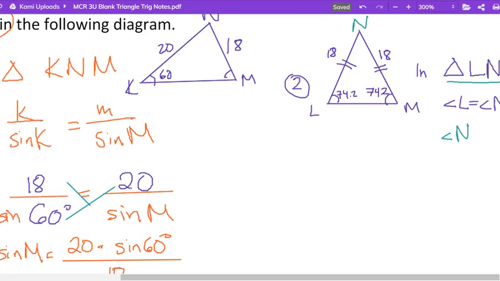So if you state which triangle you're working in, you can just use one letter for each angle. All right, so let's solve for angle N. That's going to be 180 minus twice 74.2.